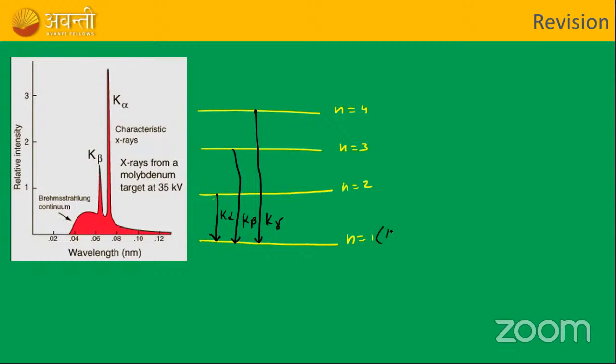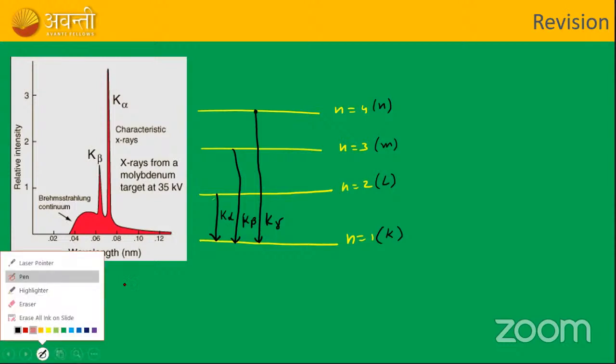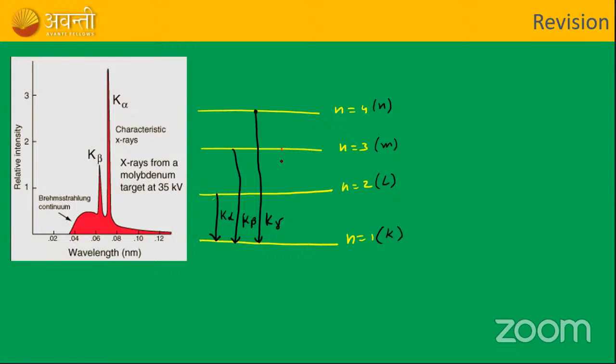Because this orbit is also called K, this is called L, this is called M, this is called N. So the first is K alpha, the second is K beta, the third is K gamma. Then you can go higher and higher. And last, we have one more thing. If an electron jumps from this orbit to this orbit, since it's coming to the L shell, I can call this L alpha.